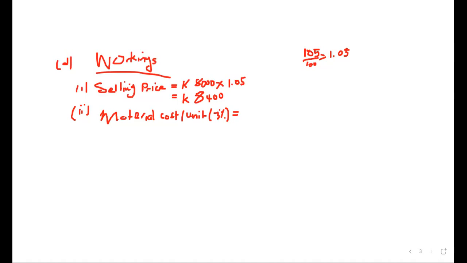So if we get back to the workings, we agree that the variable cost, the material cost per unit, is going to be 4,000 per unit. So we are inflating, or increasing, this cost by 3%. Since we are increasing by 3%, we simply multiply by 1.03.